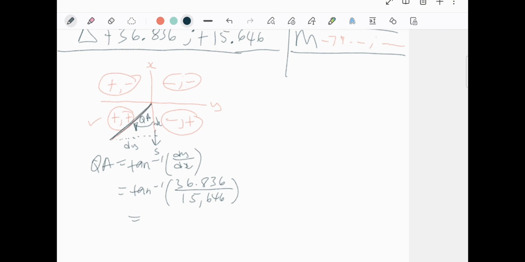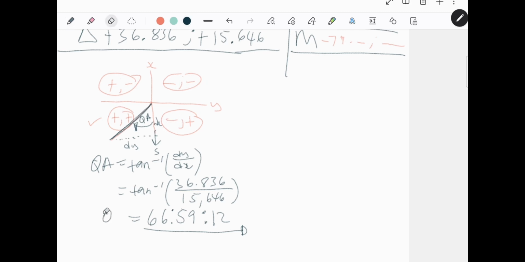Remember, your angle should have minutes and seconds. So you're getting 66 degrees, 59 minutes, 12 seconds. That's our QA.